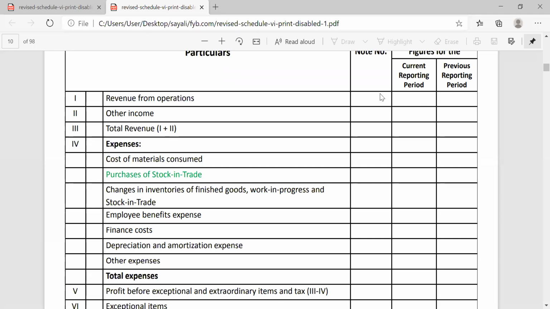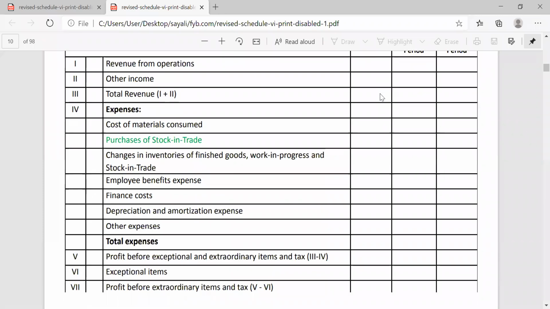Then depreciation and amortization expenses: whatever depreciation is written off on fixed assets is recorded under this heading. And any other expenses, like rent, rates, taxes, printing, other than employee benefit, are recorded under this heading. So the total expenses is given as whatever the total is.